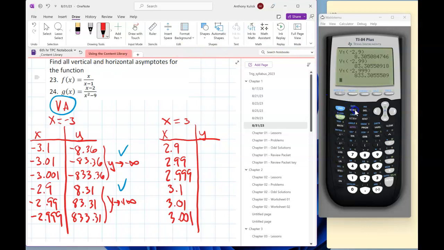Once again, I'm going to do second and enter, and I think this time I'm going to go a little out of order because it's a little less editing. So I'm just going to nix the negative sign and press enter because I got that one already on my list, and then 299, and then 2.9.